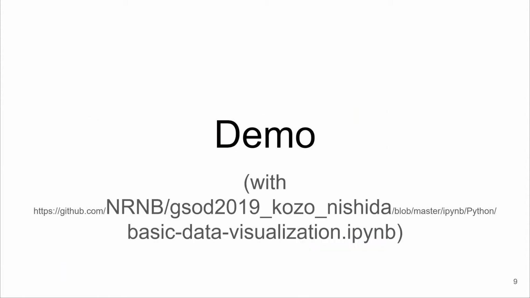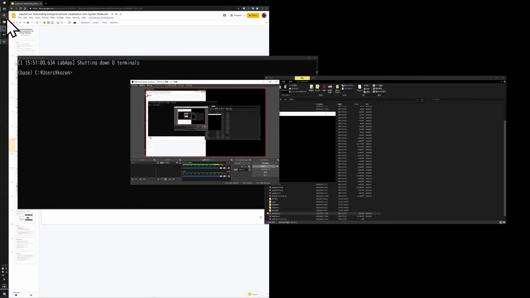Here I show you a basic data visualization notebook as a demo of automation. You can reproduce this demo with this notebook and Cytoscape. First launch Cytoscape and then open the notebook in Jupyter.